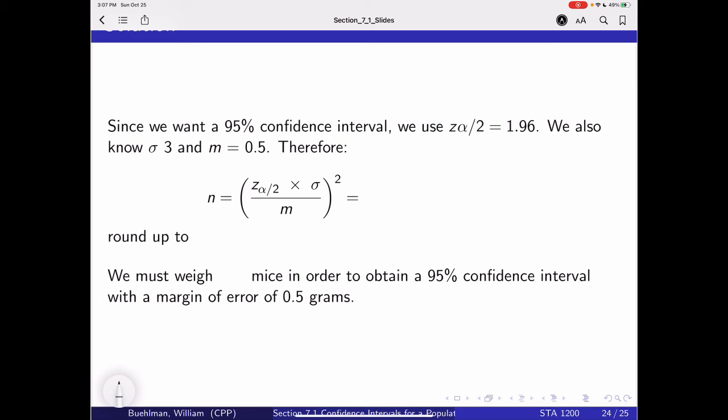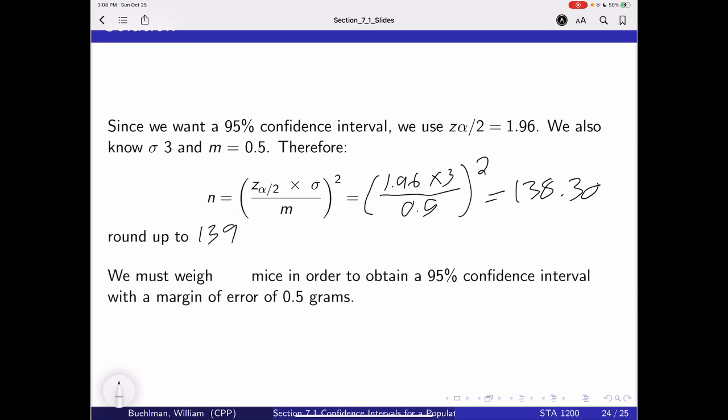We also know that sigma is equal to 3 and that the margin of error is equal to 0.5. Therefore, we get that n is equal to that formula, which is (1.96 times 3 over 0.5) squared, which is equal to 138.30, which we're going to have to round up to 139.